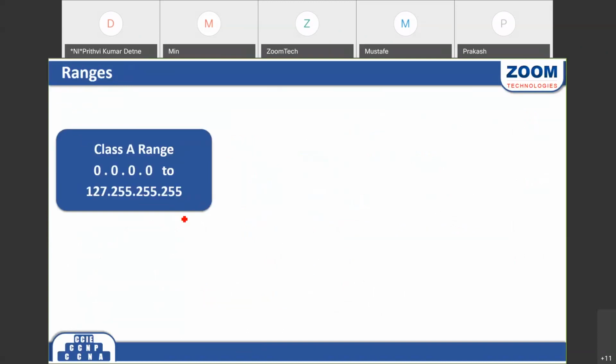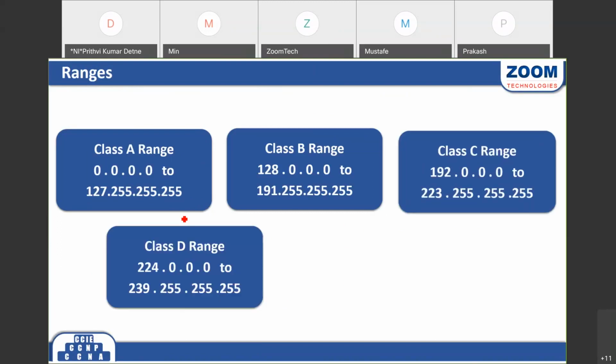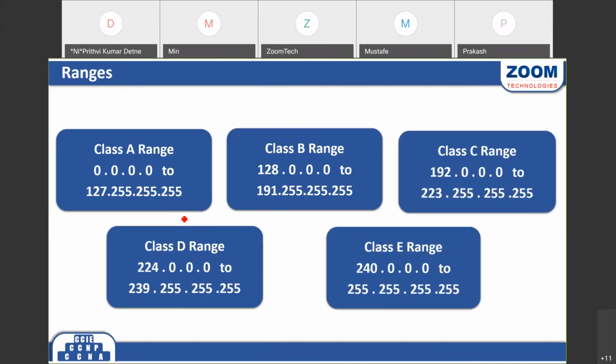Class A range, class B, class C, class D, and class E range. So try to take a screenshot of it.